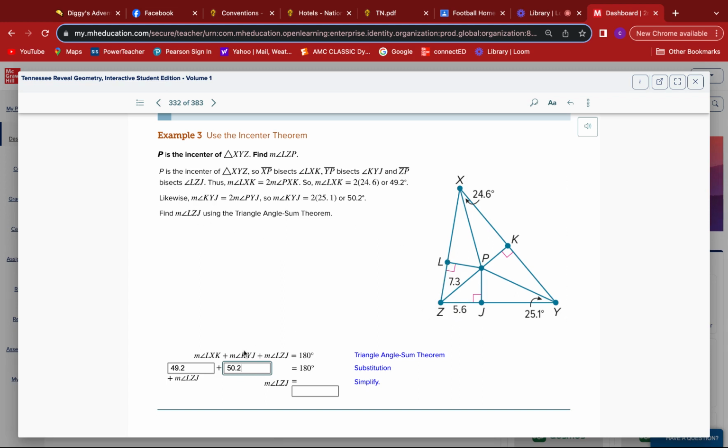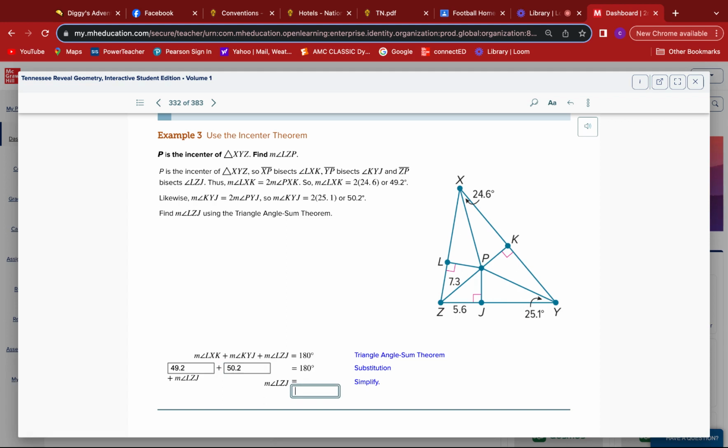LZJ. Okay, well, double the 24.6 is angle X. Double the 25.1 is angle Y. And we're going to add those together and subtract from 180 to find the big angle Z, LZJ. All right, so 180 minus 49.2 minus 50.2.